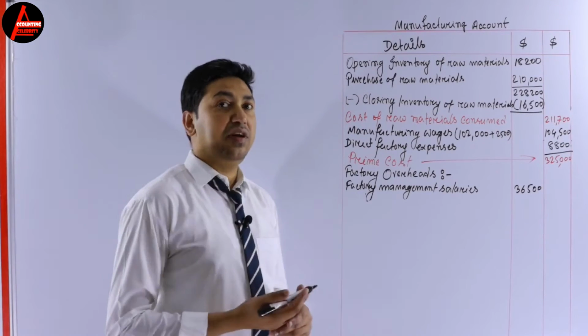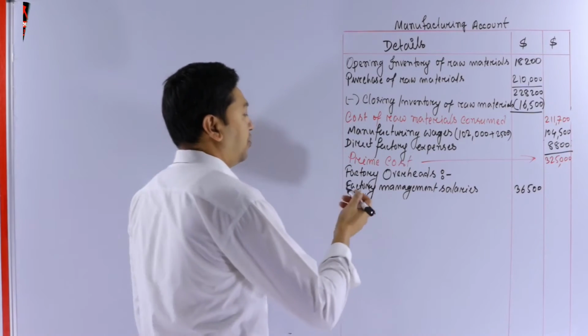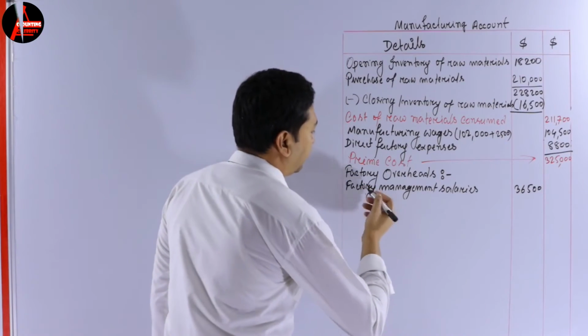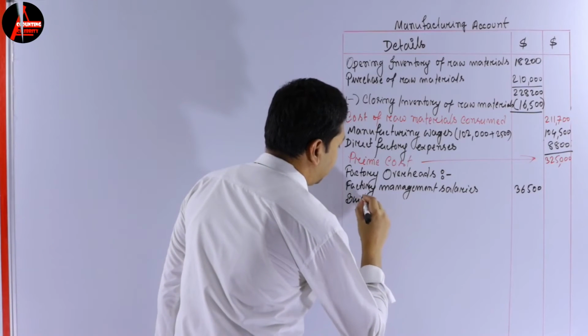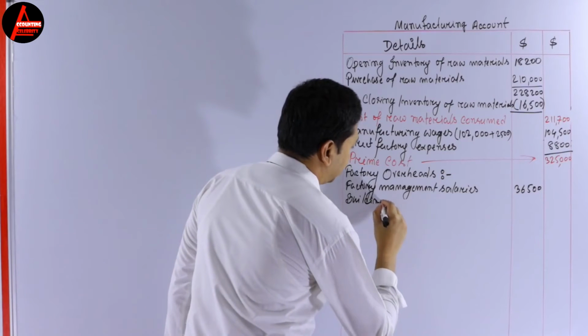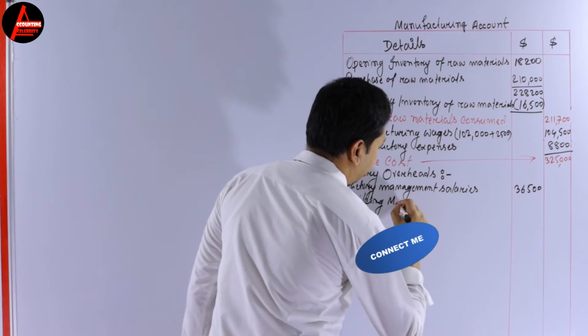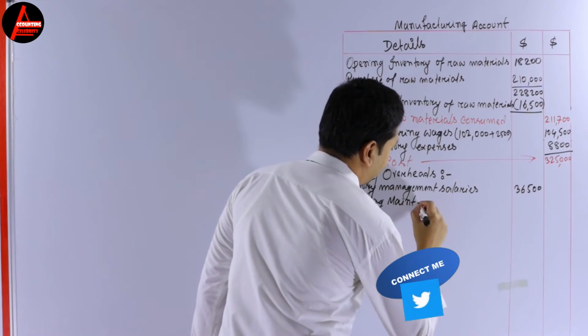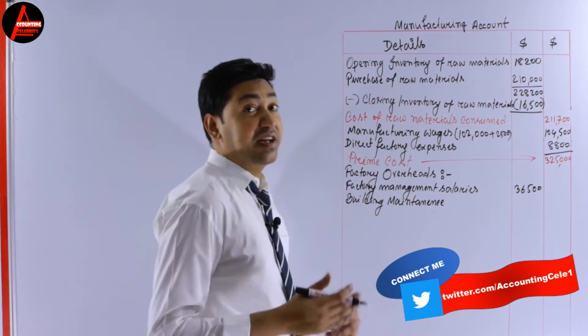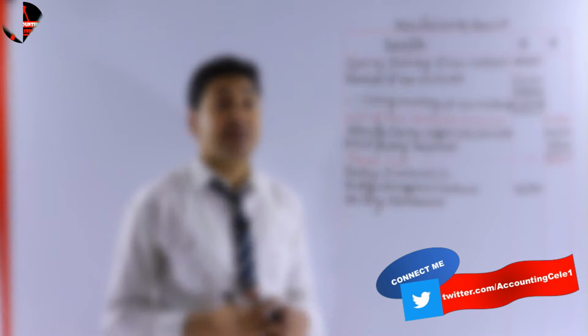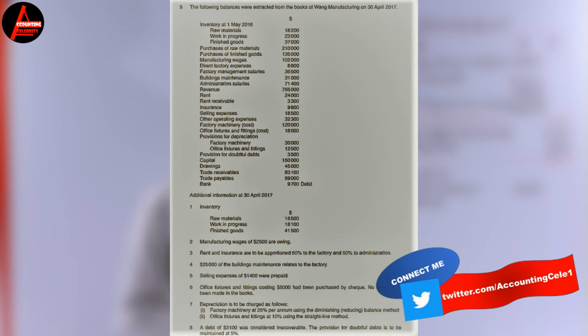Next we have building maintenance, which is also factory overhead. In the question, it is written that building maintenance is $31,000.